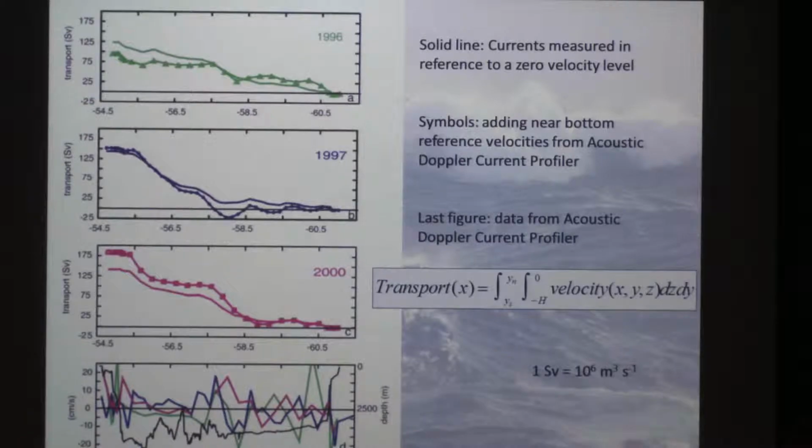For example, if you look at the solid line, in all cases it's right around 125 to 130 sverdrups for the total transport. But if you include that bottom velocity, it can be either a lot less or a lot more. So knowing what that velocity is at depth really contributes to the variability of the integrated transport of the ACC.